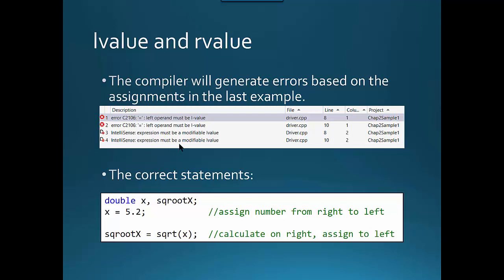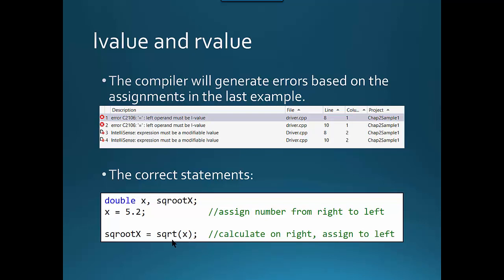And then here, "expression must be a modifiable L value." These are the errors that you would get if you compile that code. And then this is the corrected code. X equals 5.2. Square root X, which is a variable name, is being assigned the results of square root of X. We're going to learn about functions later, but you can tell something's a function because it has parentheses.